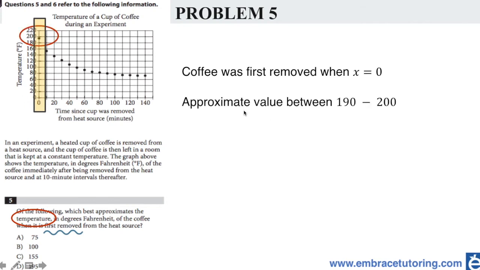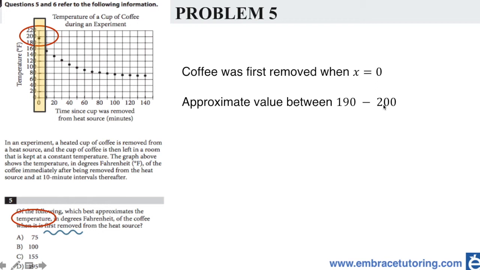And then I'm going to understand that I'm trying to approximate the value between 190 and 200. So on the SAT, they're always going to give you some sort of range. So what I mean by 190 and 200 is I'm looking at this dot here, right? I'm looking at this data point, and I'm approximating. I think this is probably like 190, maybe 195 and 200. I notice it does not go over 200, but I also notice it's slightly higher than in the middle.